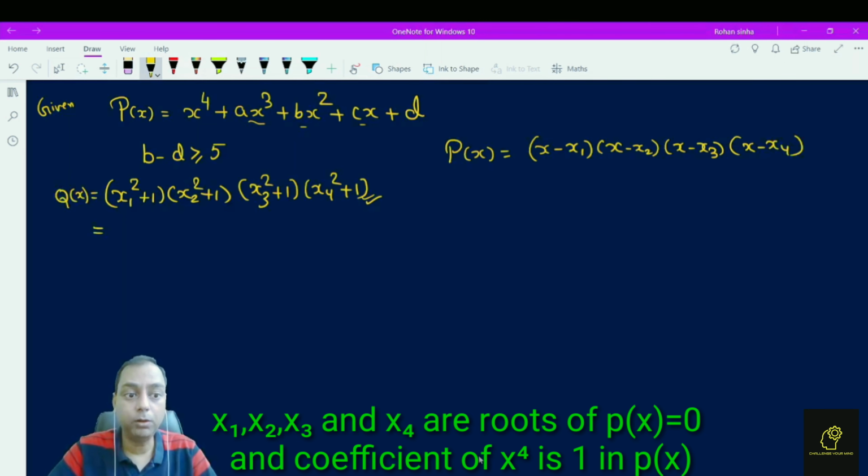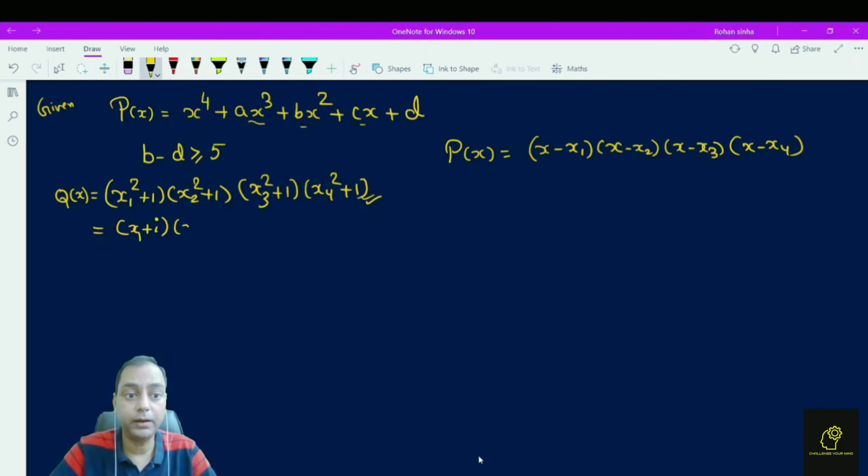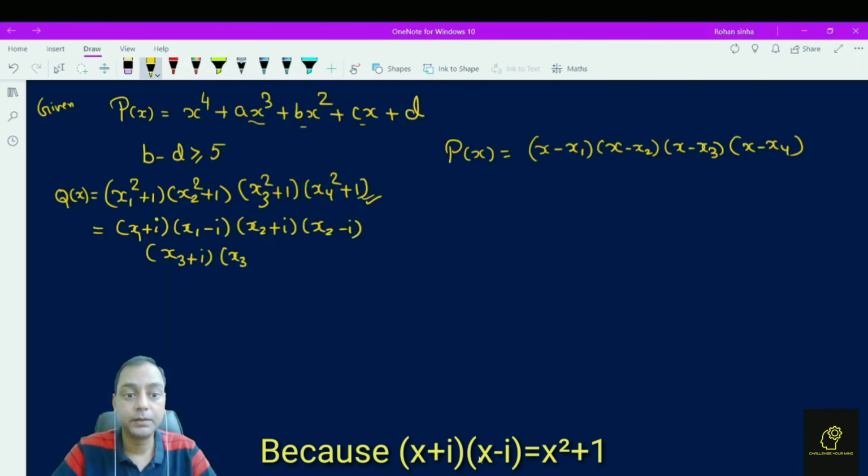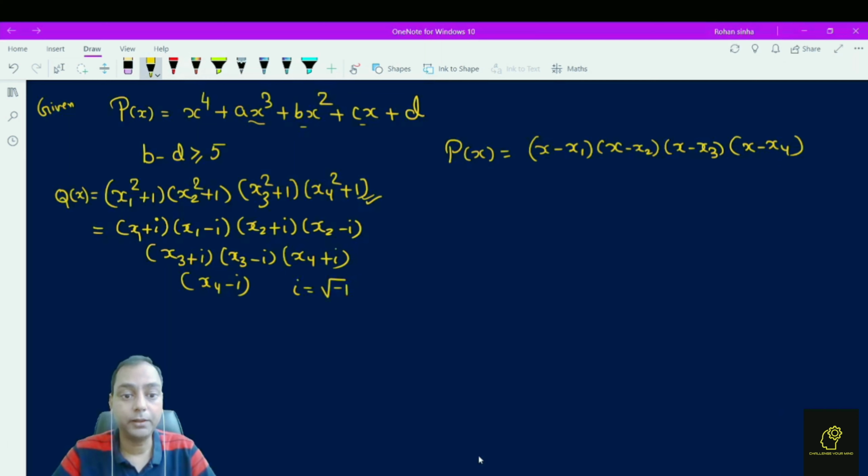Now Q(x) can also be written as (x1 + i)(x1 minus i)(x2 + i)(x2 minus i)(x3 + i)(x3 minus i)(x4 + i)(x4 minus i), just factorizing, where i is equal to the square root of minus 1.